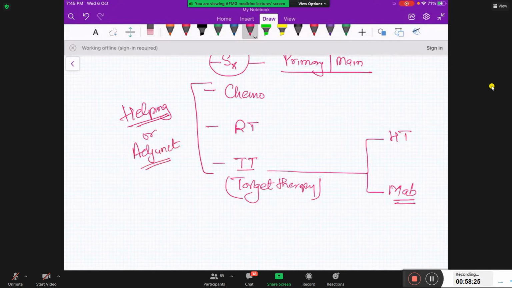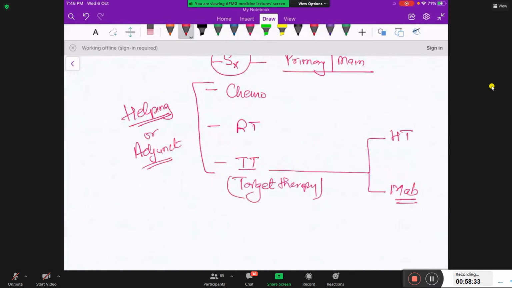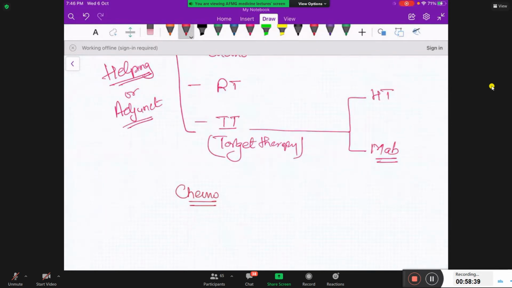Okay. Now let us start with chemo first. These are the helping modalities. हमें कब ये modalities देनी है? When are we supposed to give these modalities?